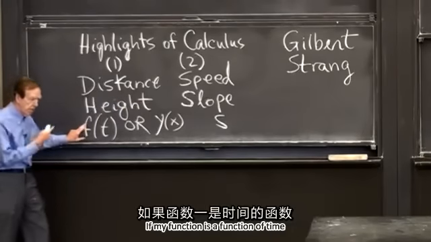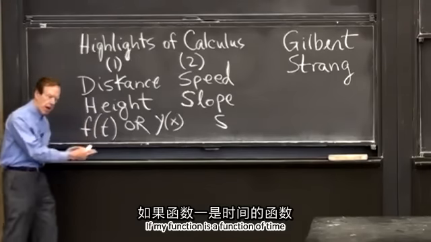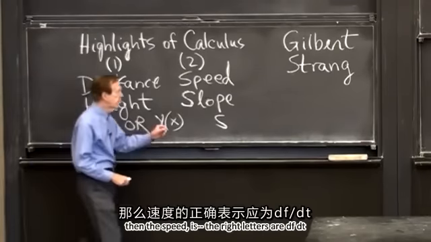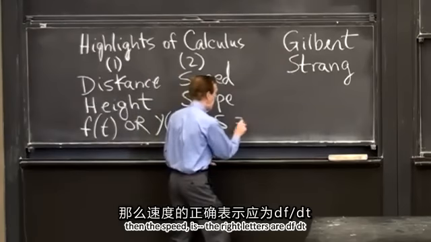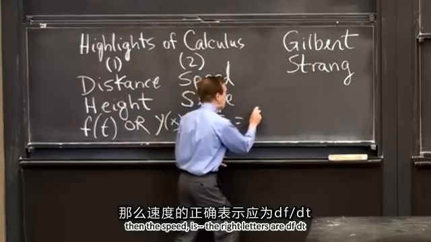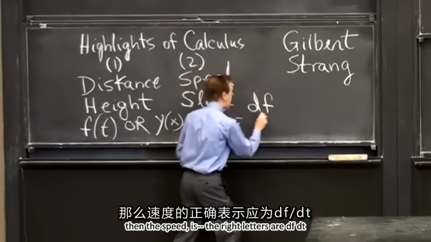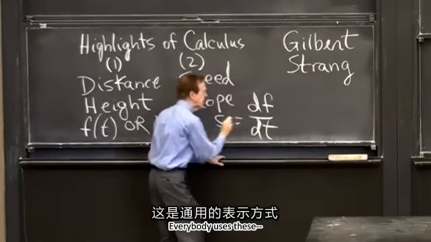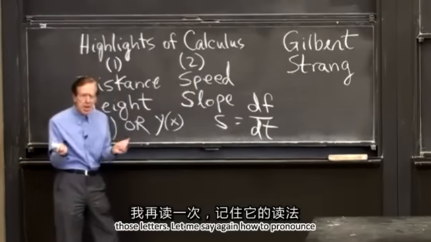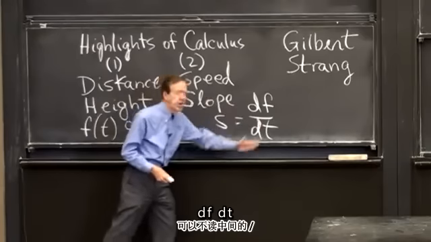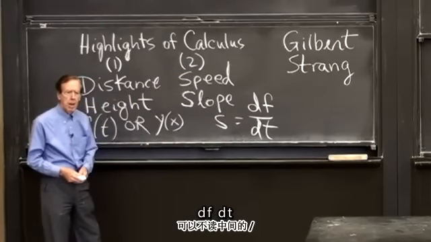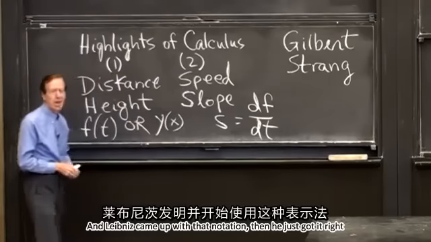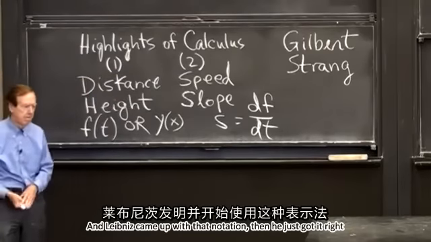If my function is a function of time, the distance, how far I go, then the speed is, the right letters are D, F, D, T. Everybody uses those letters. So let me say again how to pronounce: D, F, D, T. And Leibniz came up with that notation, and he just got it right.